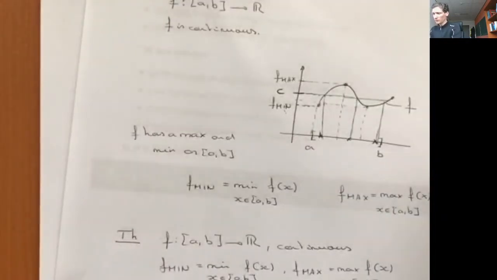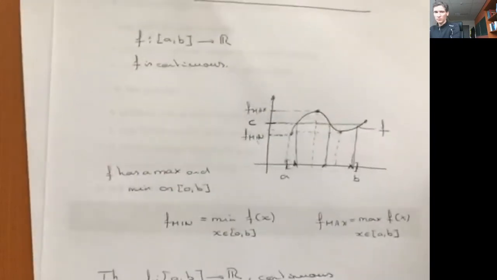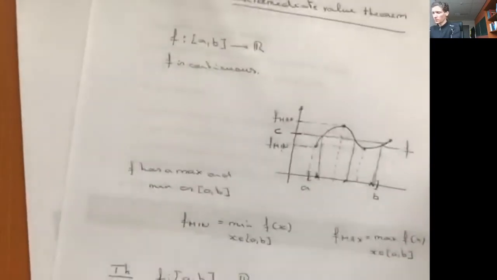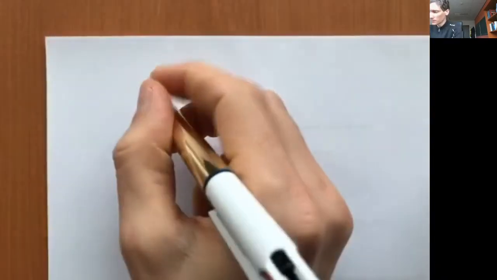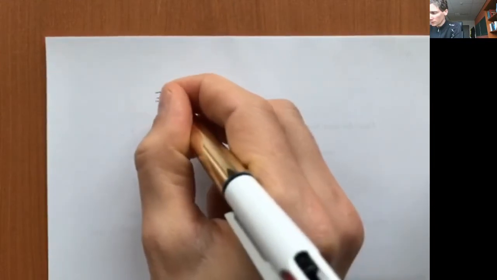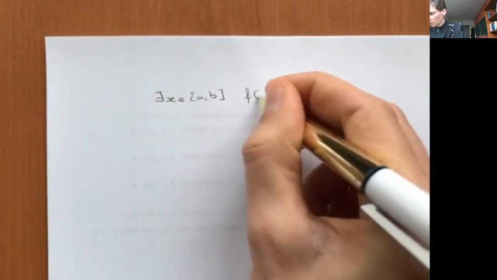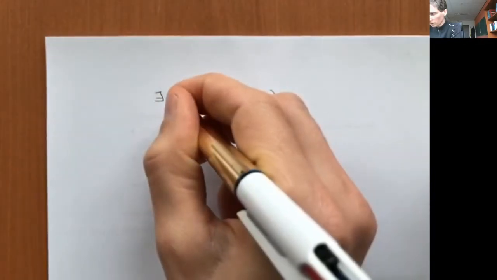Okay, so f min is the minimum of f(x). Okay, so we know that there exists an x in [a,b] such that f of x, let me call this x1, right?